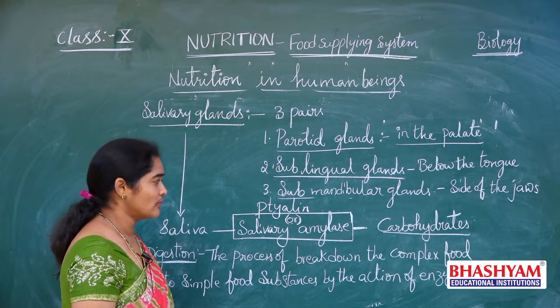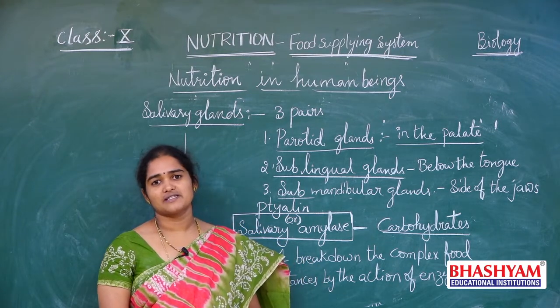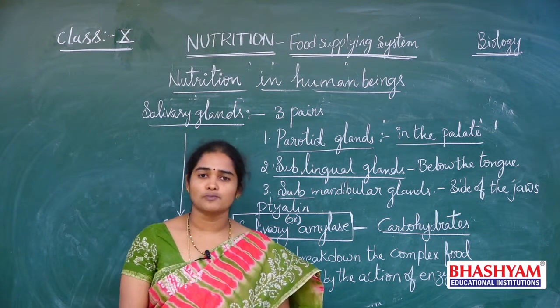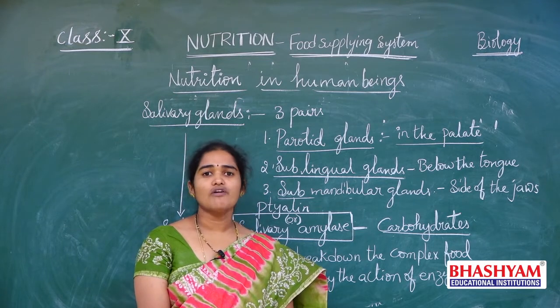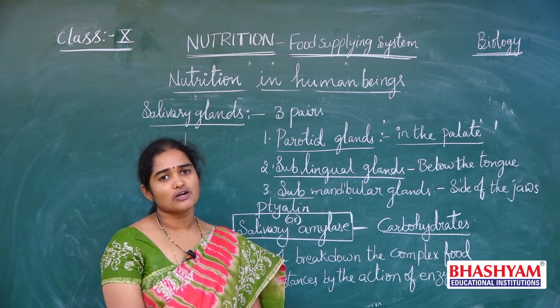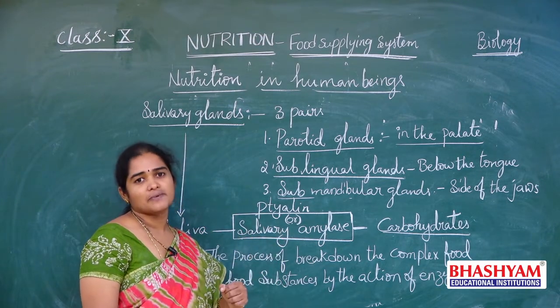Breakdown of carbohydrates. We know the food components. There are different nutrients present in the food like carbohydrates, proteins, fats. These are the three major components. So for the digestion of these three major components, important enzymes are present.